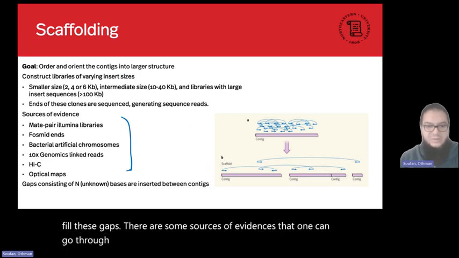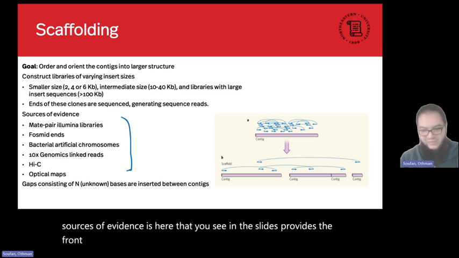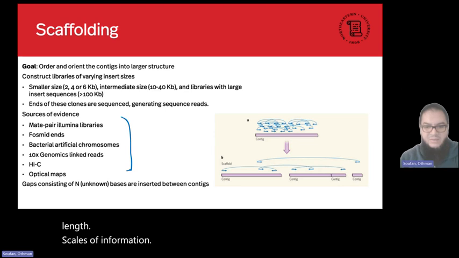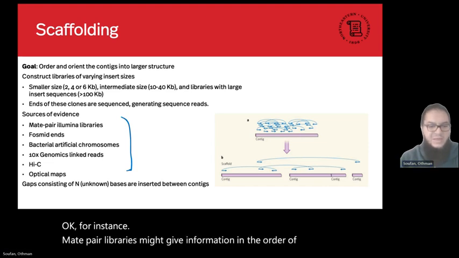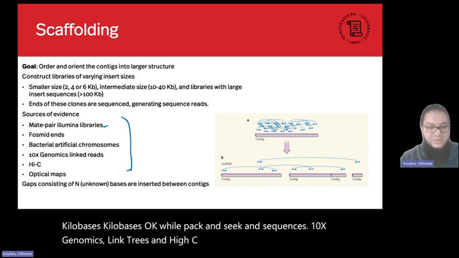For example, each of these sources of evidence that you see in the slides provides different length scales of information. For instance, mate pair libraries might give information in the order of kilobases, while PacBio and end sequences, 10x Genomics linked reads, and Hi-C data can give information.